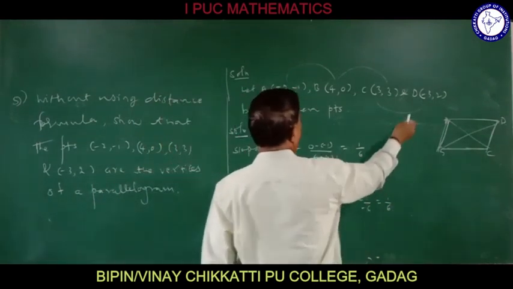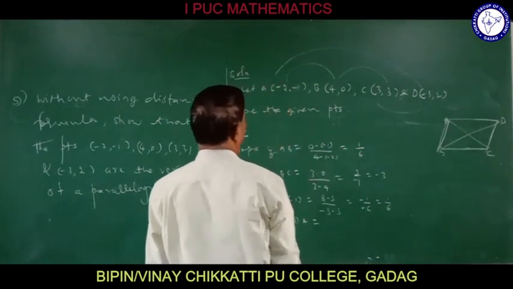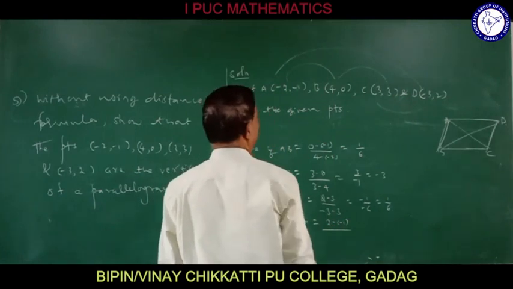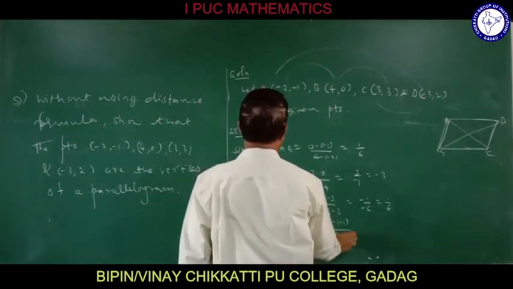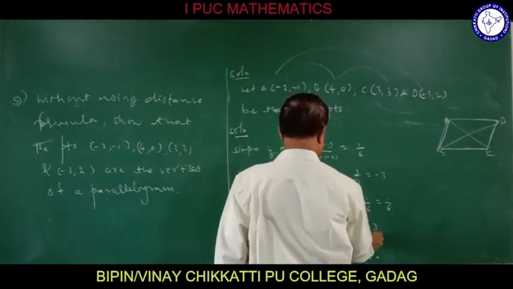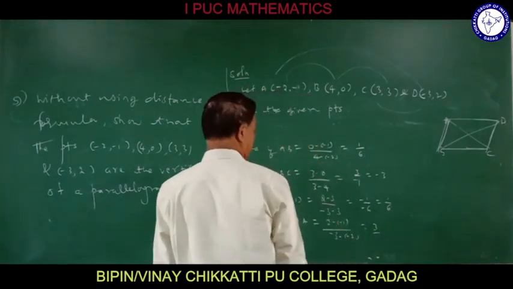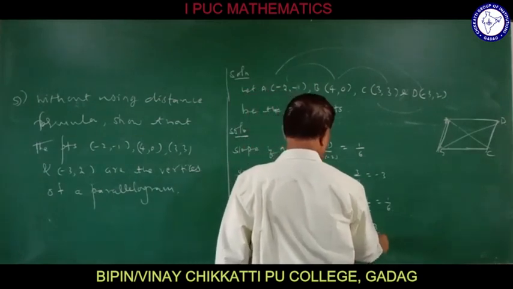So for DA, y2 minus y1, 2 minus of minus 1, divided by minus 3 minus of minus 2, that is 2 plus 1, 3, divided by minus 3 plus 2, which is -1.